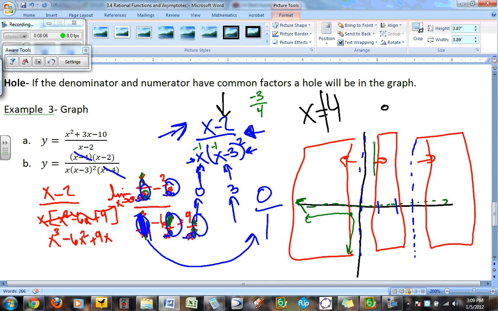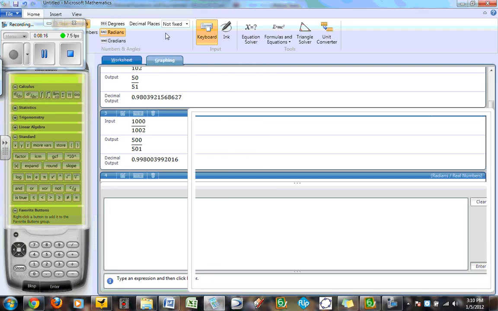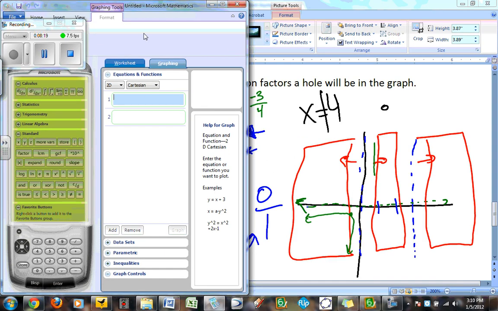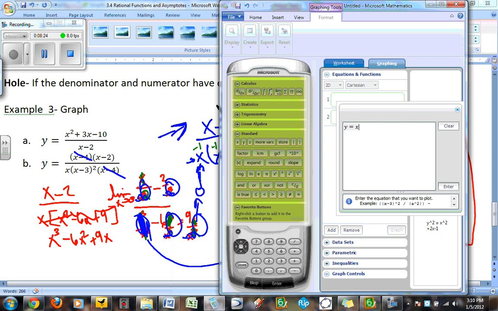To see what it's doing, there's a good chance it could be a parabola. I'm not sure it'll be. But let's go ahead and graph it. Let me bring my graph over here. Let's go graph. And my equation was y equals x minus 4 times x minus 2 divided by, let's see, big parentheses here, x times x minus 3 squared times x minus 4.